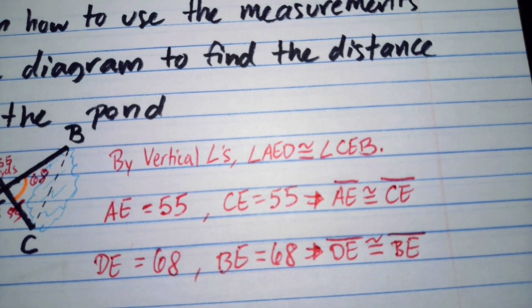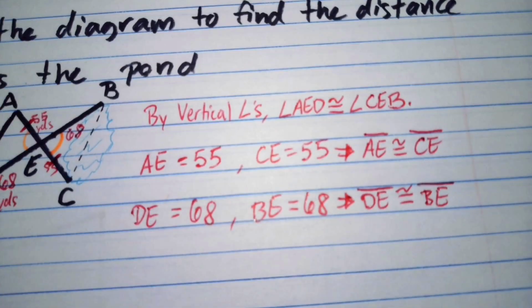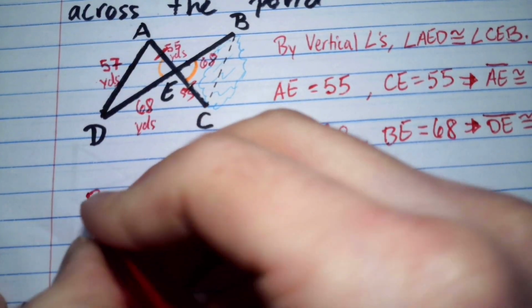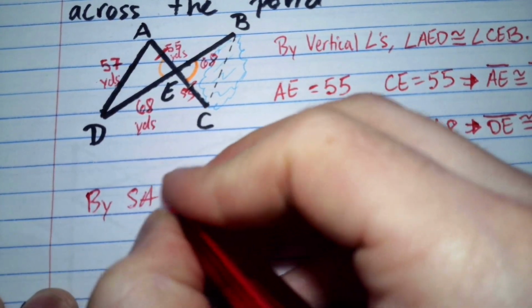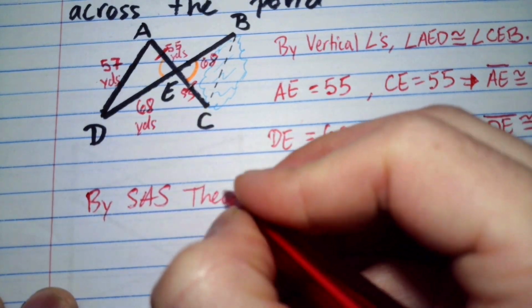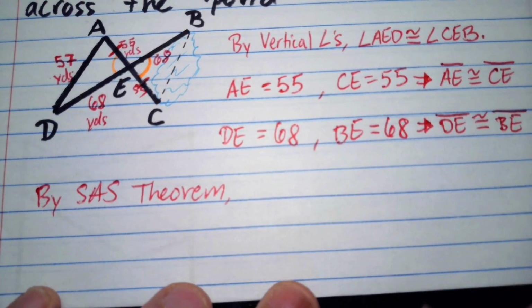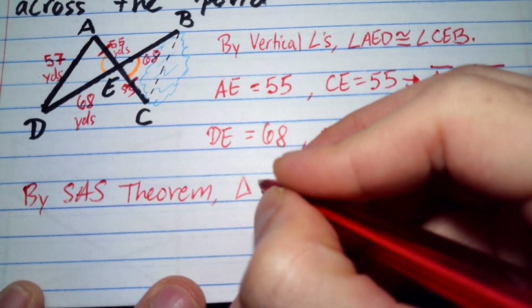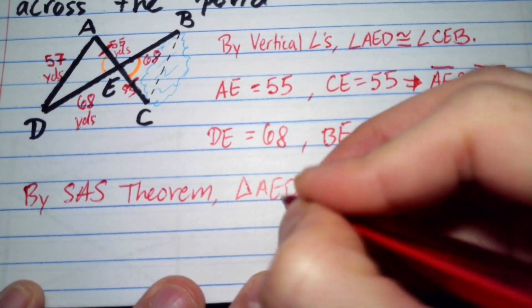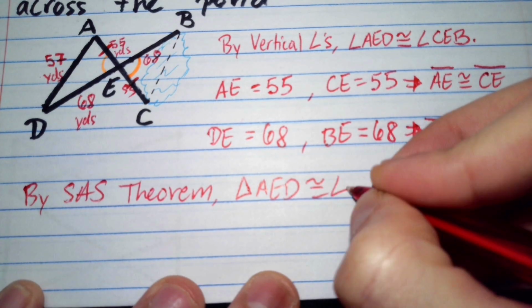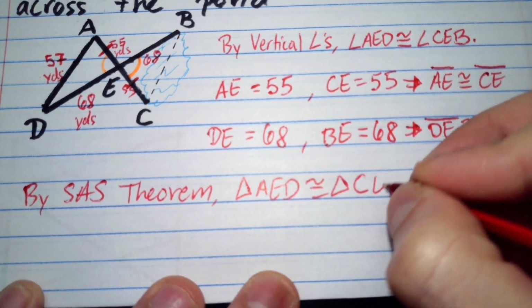So if we notice, we now have enough information to prove that these two triangles are congruent. So we're going to say by the SAS theorem, triangle AED is congruent to triangle CEB.